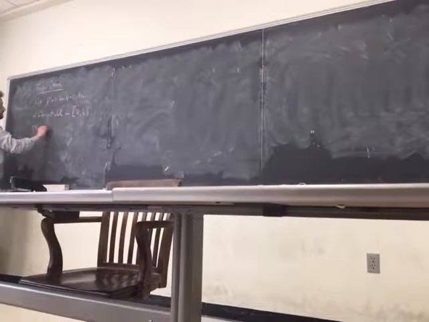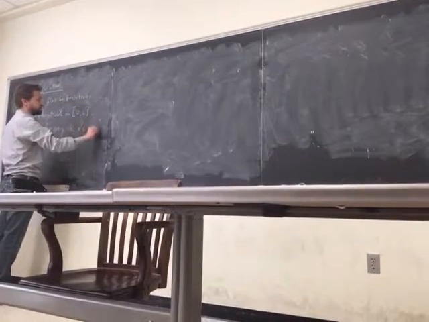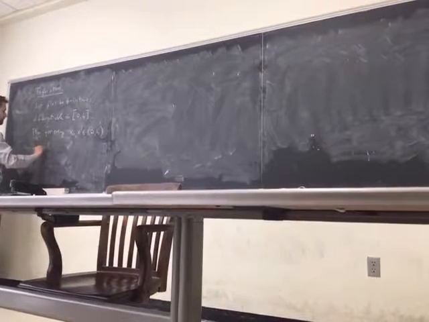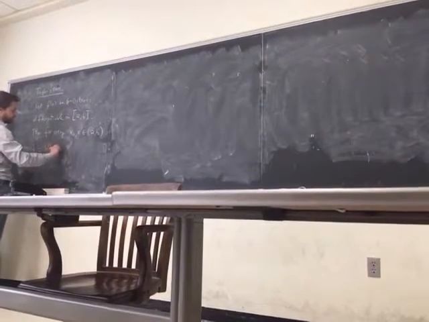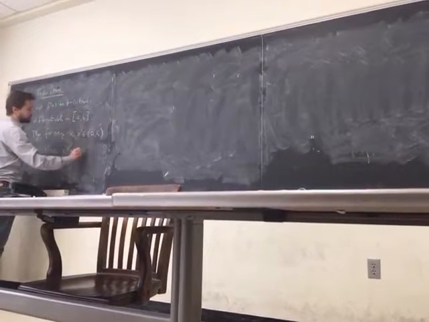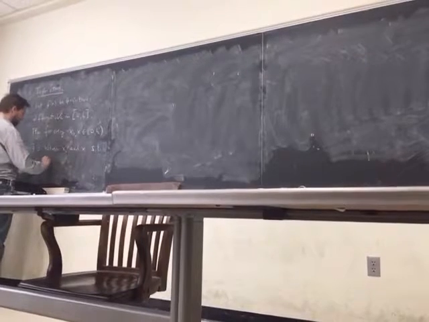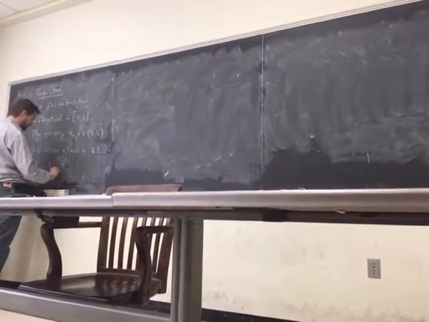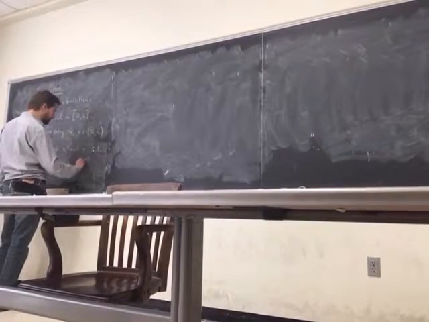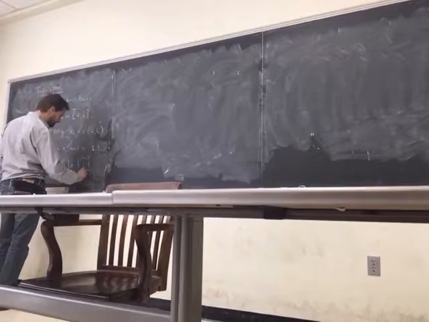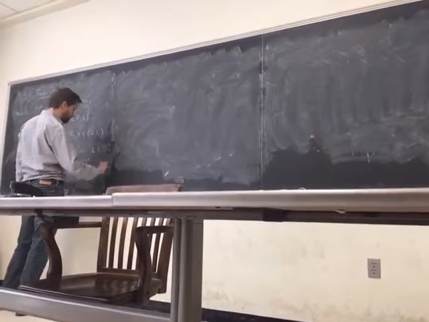Then for every x naught in the interior of a, b, there exists a point c between x naught and x, such that f of x is equal to the Taylor polynomial of order n at x naught of f at the point x, plus the derivative of order n plus 1 of f at c, divided by n plus 1 factorial, times x minus x naught to the power n plus 1.